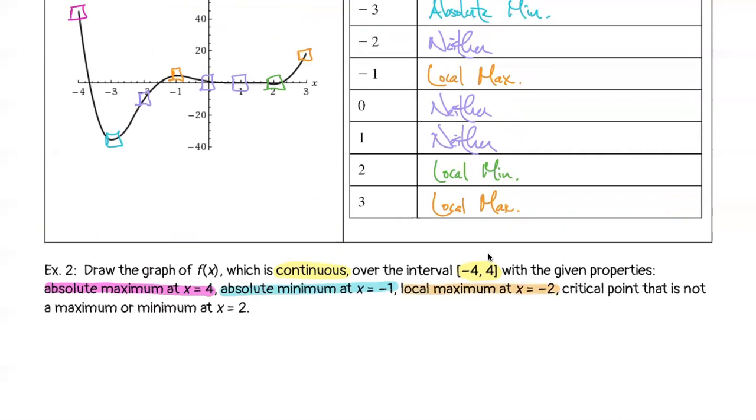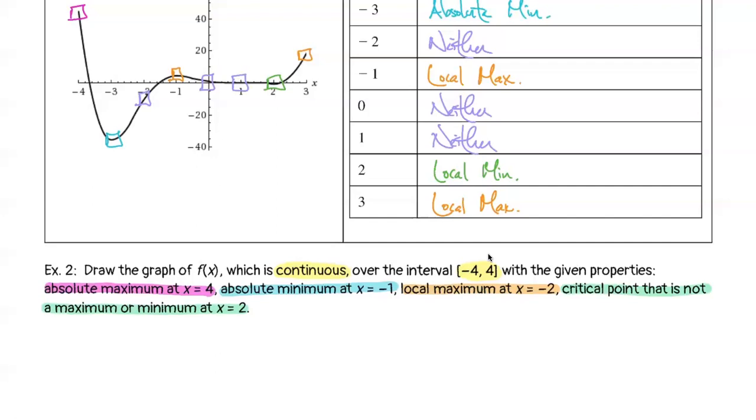And I'm sneaking some new vocabulary in here, so I'm going to give it a different color. It has something called a critical point that is neither a maximum or a minimum at x equals 2.